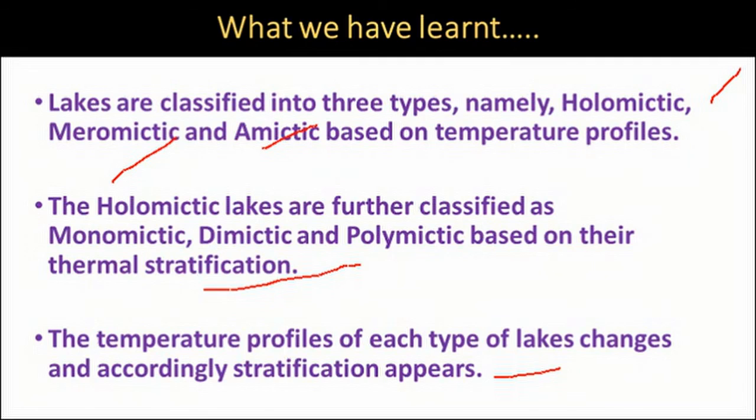So that is why in summer it is very typically stratified into 3 layers, epilimnion, hypolimnion, etc. But during winter or fall, these 3 layers are gone, and are replaced with other situations, either the reverse situation, that means the temperature is 0 at the top and the bottom area is 4 degrees Celsius or more. So this situation appears, and according to this, the stratification of lakes is classified.